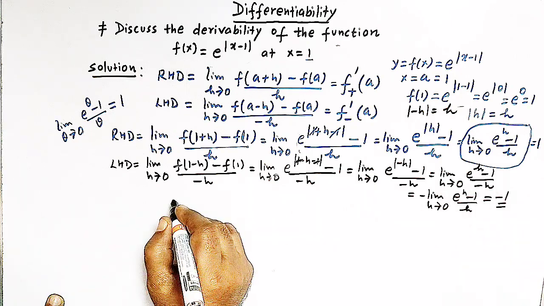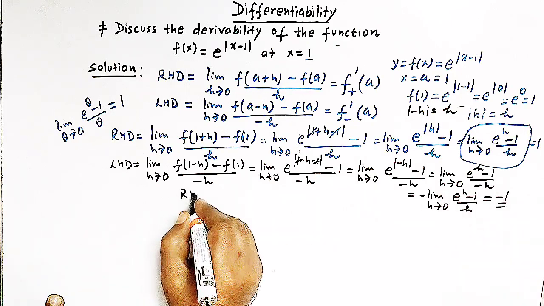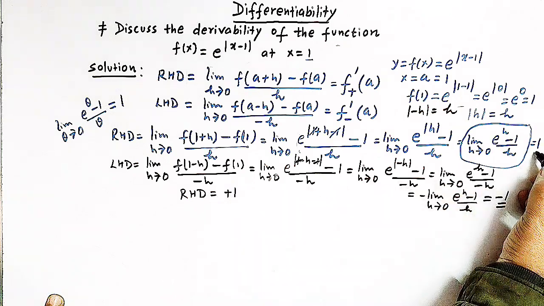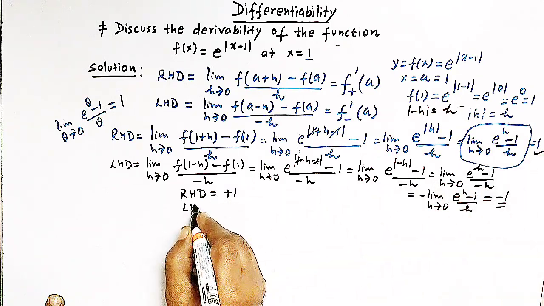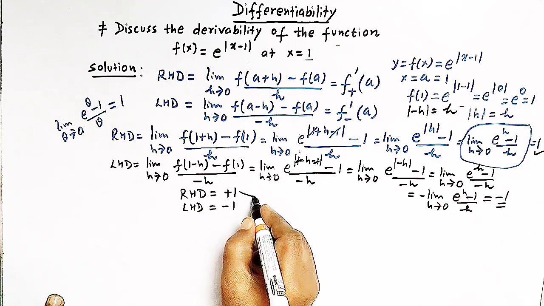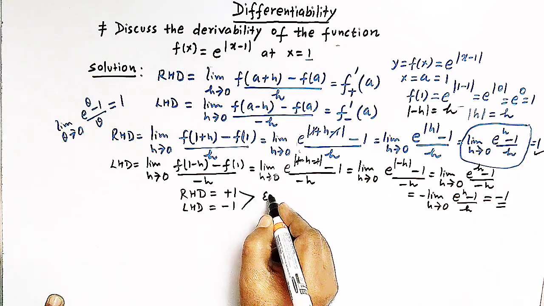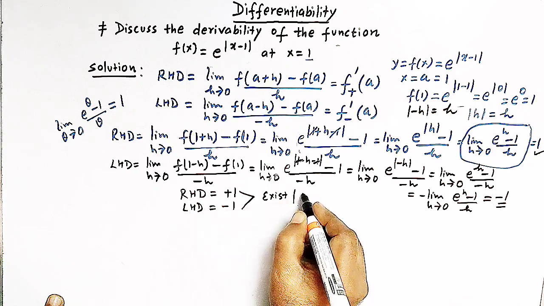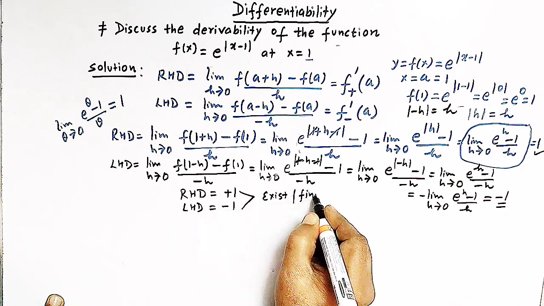So now we draw the conclusion, that is, the right hand derivative is positive 1 and the left hand derivative is negative 1, and these two derivatives both exist, and both are finite, right?